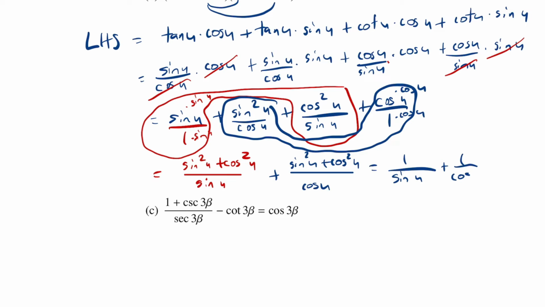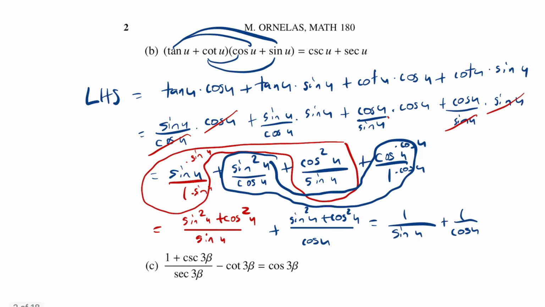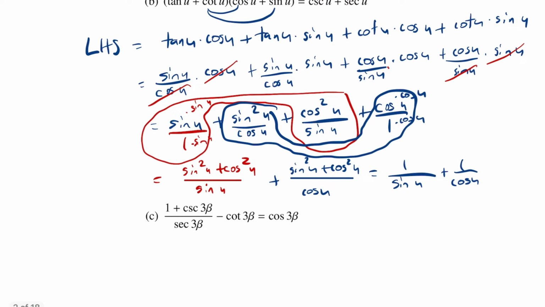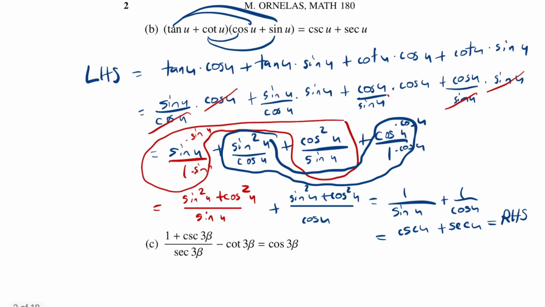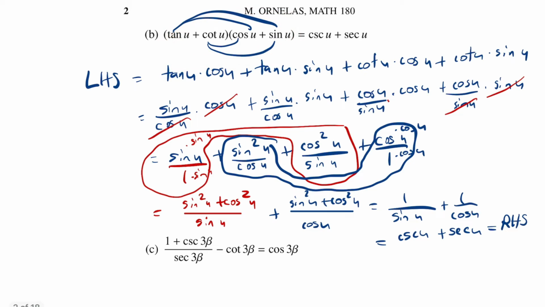We are trying to get cosecant plus secant, which is exactly what we got, cosecant plus secant, which is equal to the right-hand side. So that was the strategy: basically to expand and then to combine the terms that would make it work out and equal the right side.